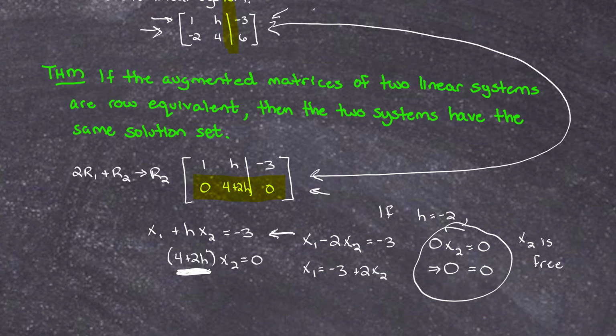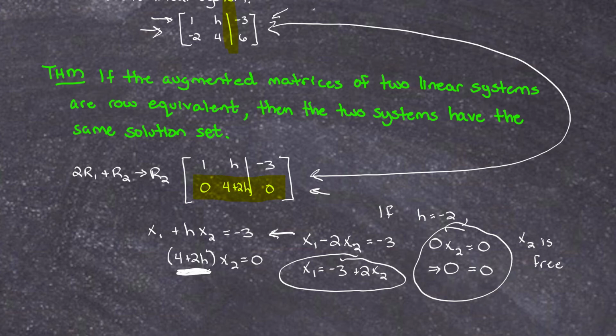And so because of that, when you get to this solution right here, it is still going to be a constant, because once somebody comes in and says, I'm going to choose x sub 2 to be 1, then x sub 1 will be negative 3 plus 2 times 1, or negative 1. So no matter what we choose for h here, there is always going to be a solution.